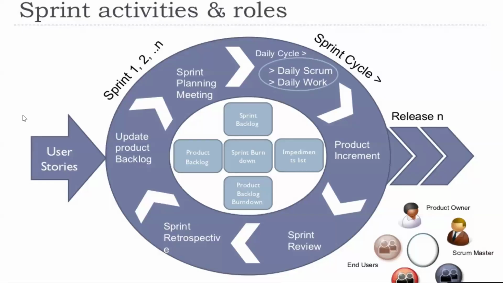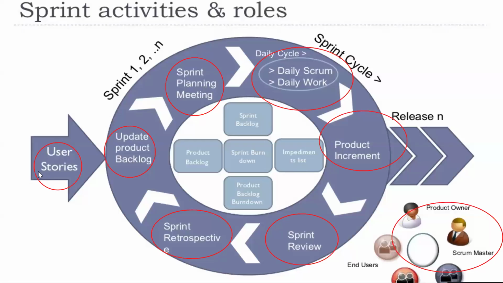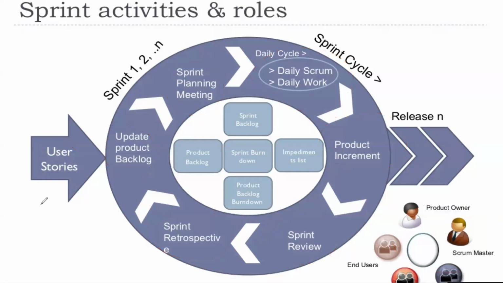So in this sprint life cycle, we have user story, update product backlog, sprint planning meeting, daily scrum meeting, product owner, sprint review, and these are all the components and stakeholders also. These are all the people involved.